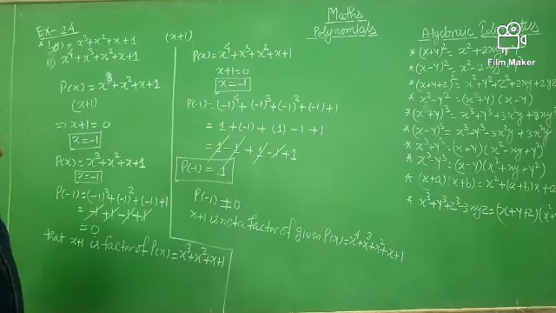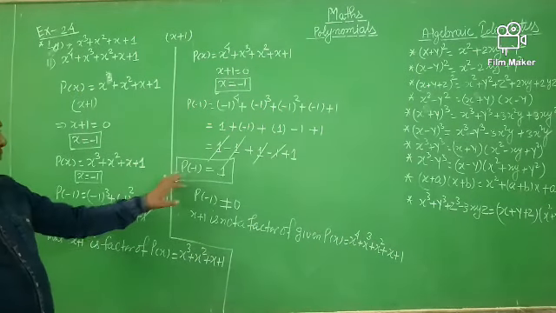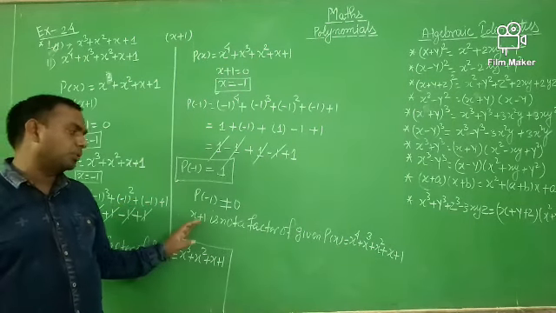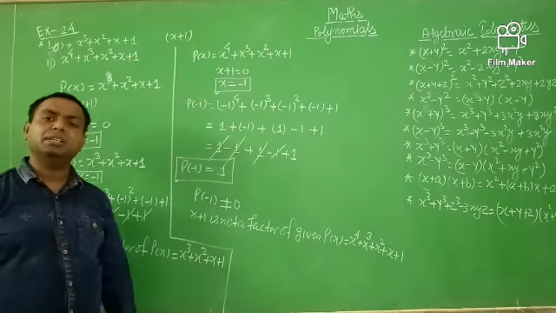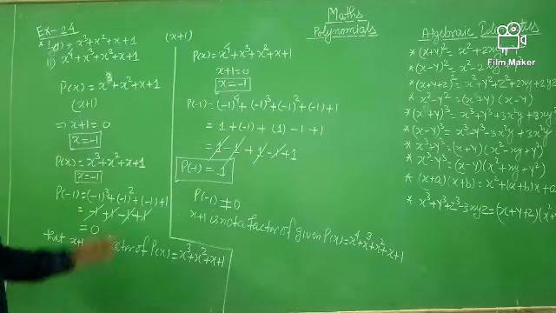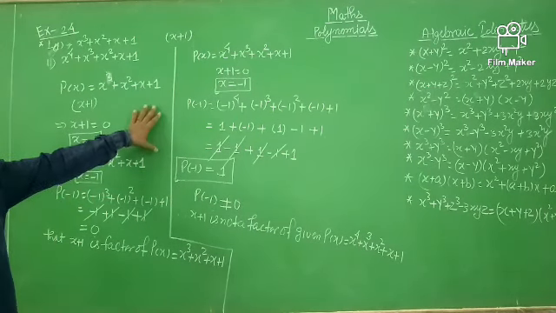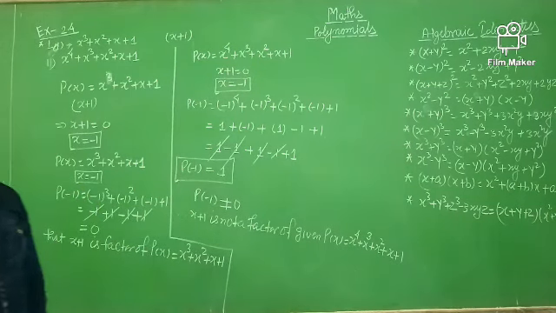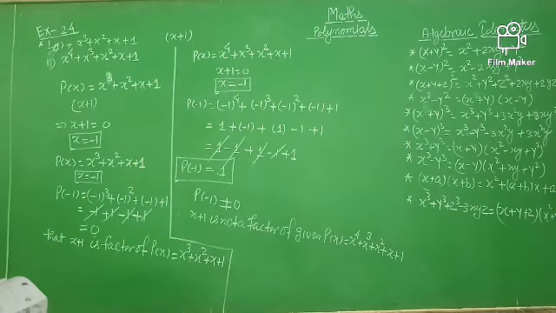So you see, in both cases, if it is equal to 0, it is a factor, and if it is not equal to 0, then it is not a factor of the given polynomial. So I think all of you understand, and you should also solve various examples related to these questions. So I go ahead to the next problem.